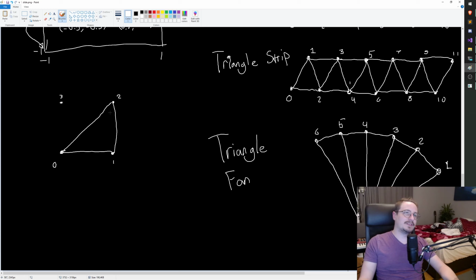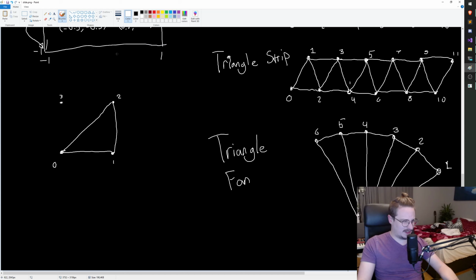Then the algorithm continues with the next 3 vertices, so it's going to go 3, 4, 5. However, we didn't specify a 4 and a 5. There's only a 3. And what happens here is the algorithm just quits. It says there are not enough vertices to make another square, another triangle, sorry. So it just quits. That's why we only see one triangle.